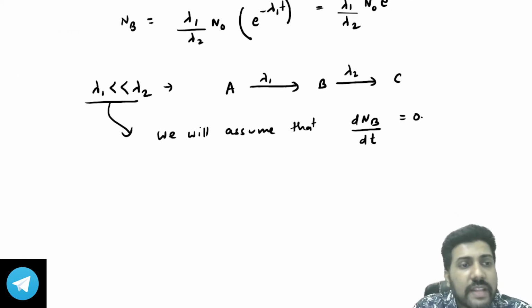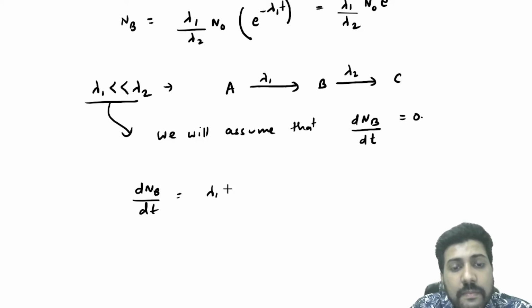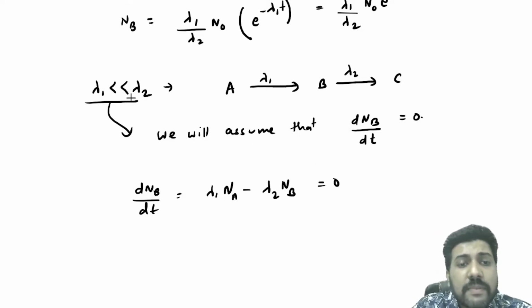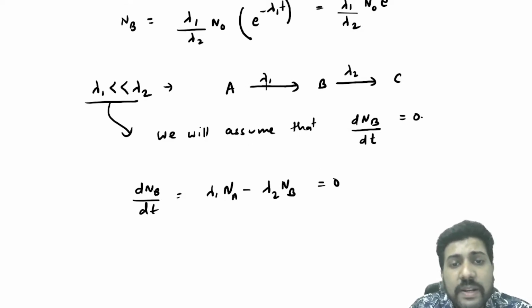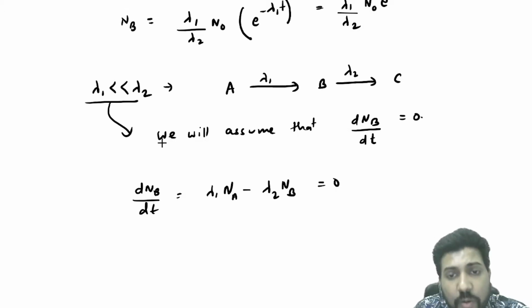So dNB by dt we know is equal to lambda 1 Na minus lambda 2 NB. But because lambda 2 is very large compared to lambda 1, we will assume that as soon as B is formed, it decays to C. That means B is almost constant.